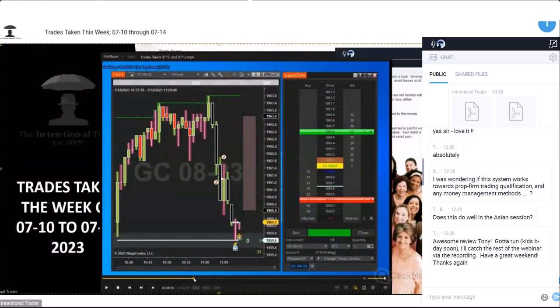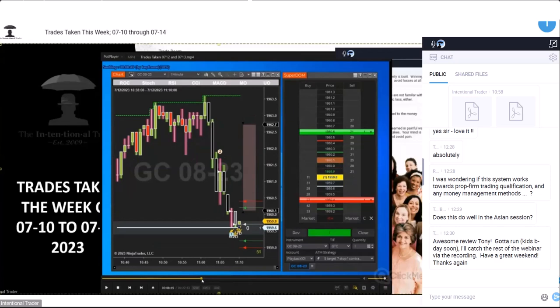Now, we're anticipating that price is just going to bounce from this point. That's expected based on the indicators. We're expecting, based on the information that's coming into the markets right now, price to change directions pretty much right now.